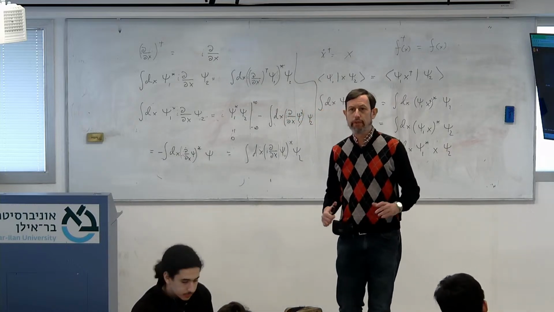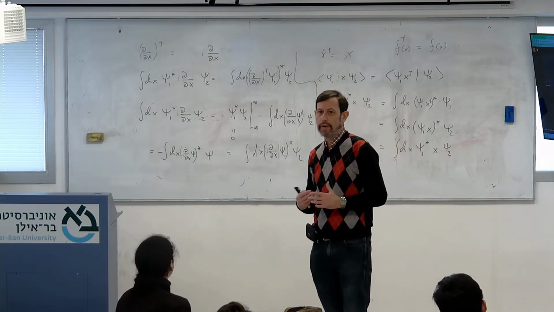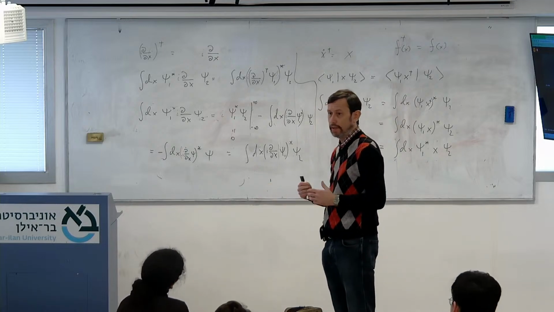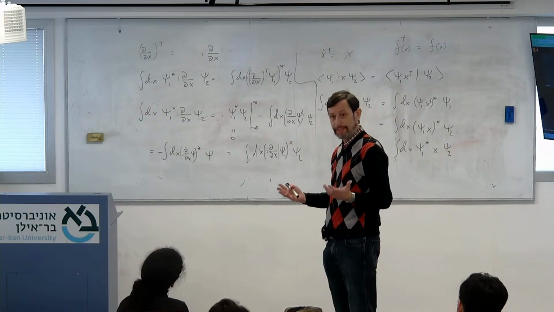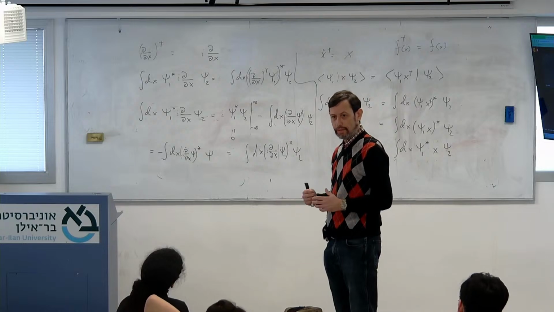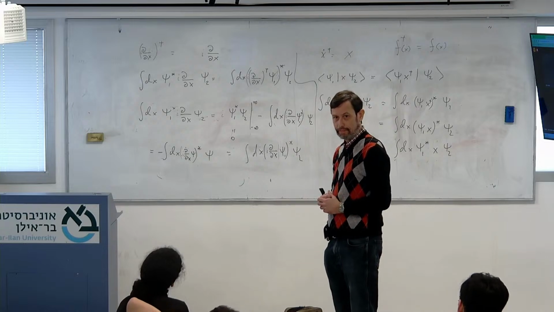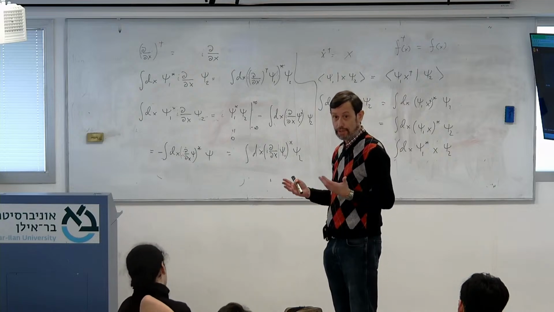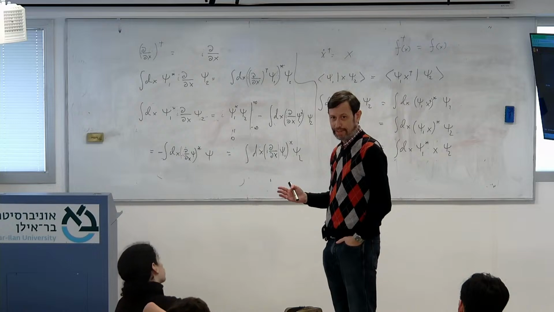So, to all of you who were amazed to see in the Schrödinger equation the i in front of the derivative with respect to t, it has to be an i because energy is a physical operator.